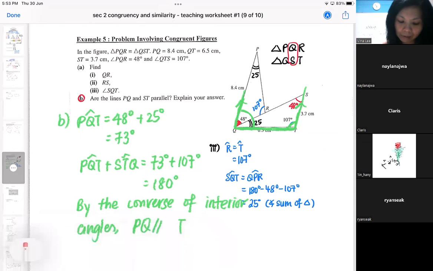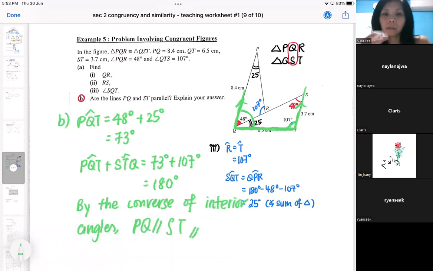Wrongly, it's ST. The explanation is the converse of interior angle. That means you never assumed interior, but they behave like interior angles. Without assuming interior angle, they just add up to 180. So you can quote that reason as why PQ and ST are parallel.